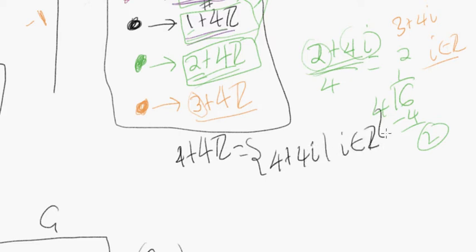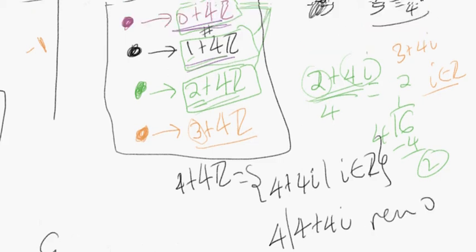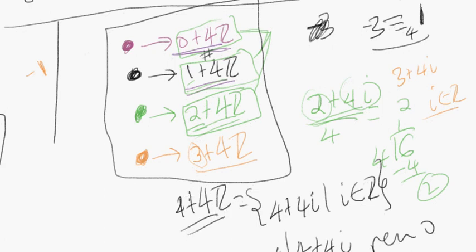If we divide such an element by 4, we get a remainder of 0, which means that all elements of 4 plus 4Z leave a remainder of 0 when divided by 4.